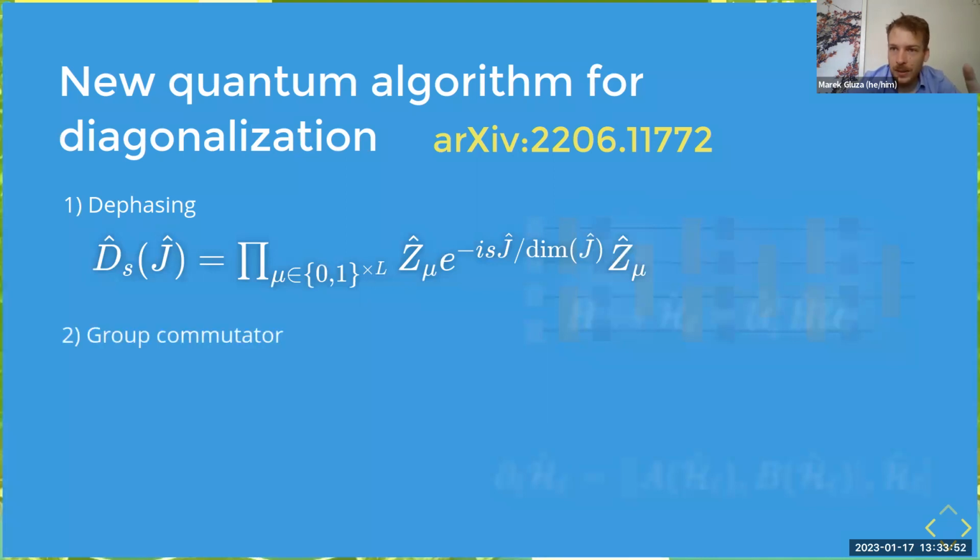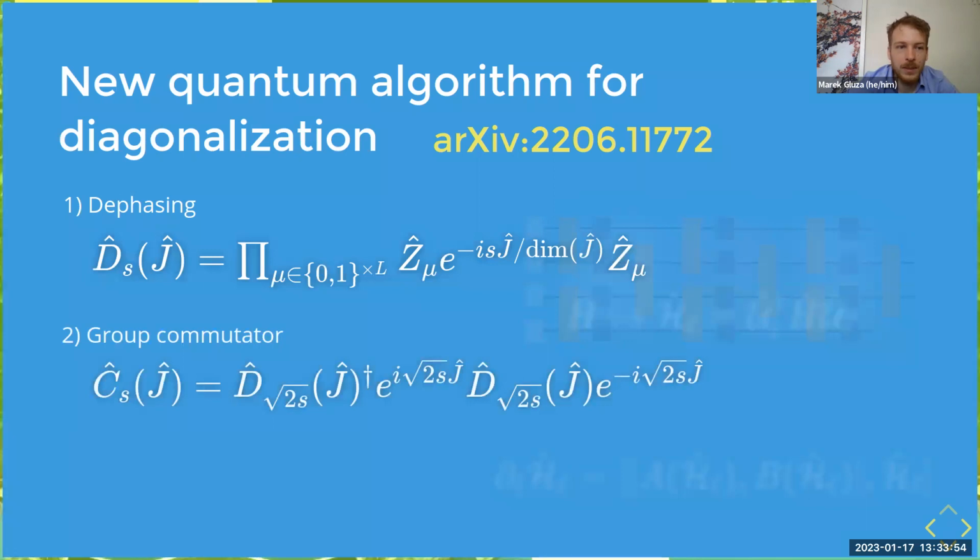When I have this dephasing in place, I can use something called the group commutator, and that's a beautiful operation from group theory, actually, that you might use for Lie groups, but in quantum computing this comes into play for compiling.